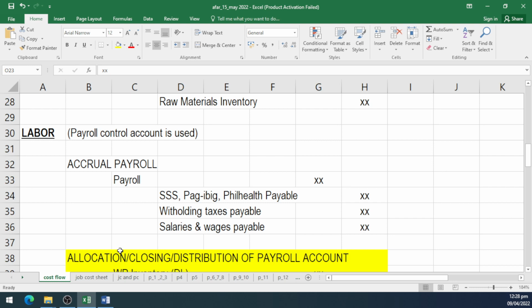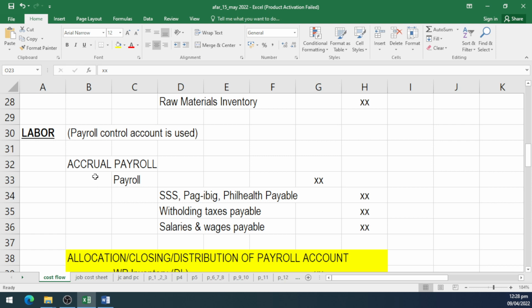Yung manufacturing, we will classify that into direct and indirect labor. Yung direct labor, yun ang charge natin sa work in process. Indirect labor, yun po ay factory overhead. There are 10 entries, ladies and gentlemen, na nangyayari dito sa ating labor accounting.